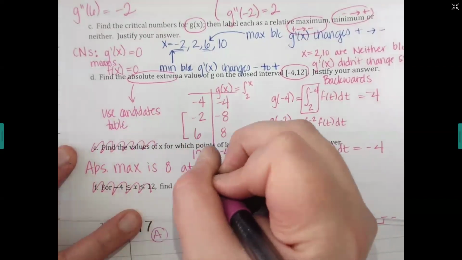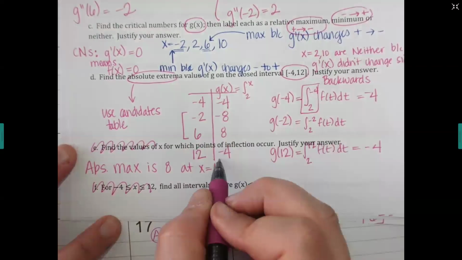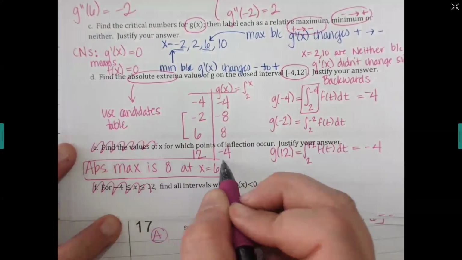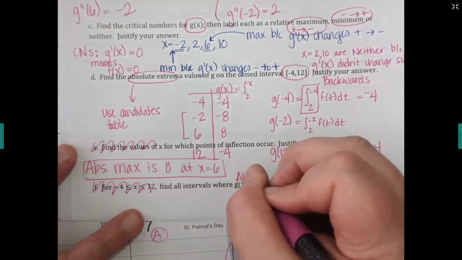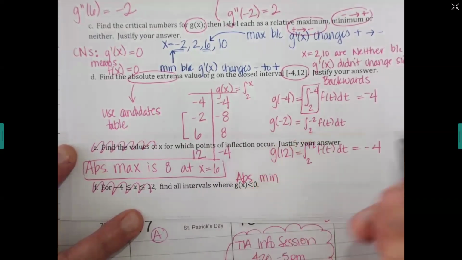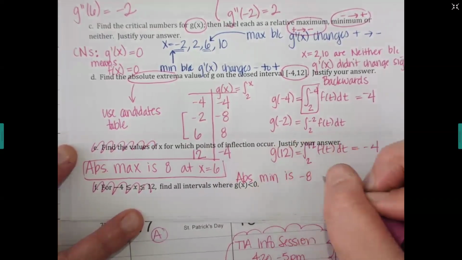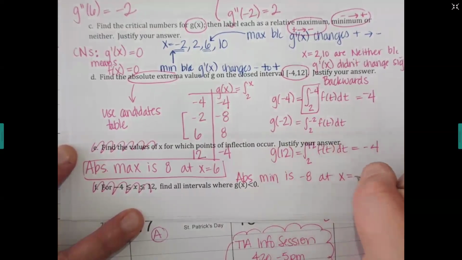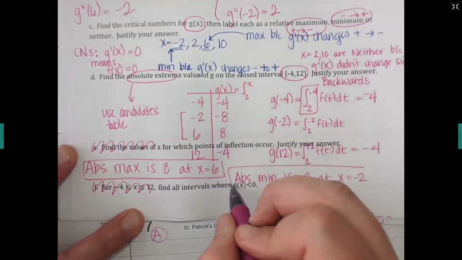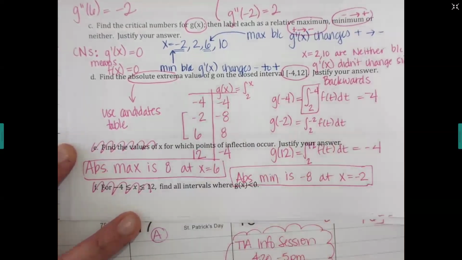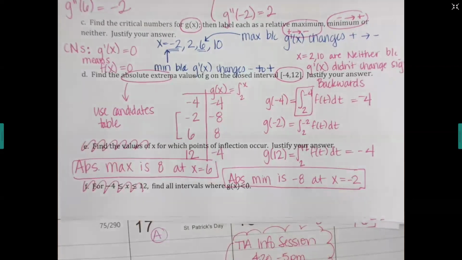It occurs at x equals 6. And the absolute min is -8, and it occurs at x equals -2. But remember that for absolute mins and maxes, you have to be listing the y value, and then you can say where it happens, but you need to know exactly how high or low it goes. Make sense?